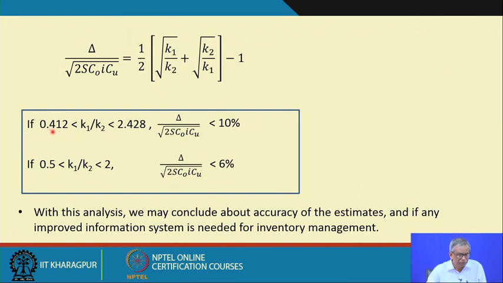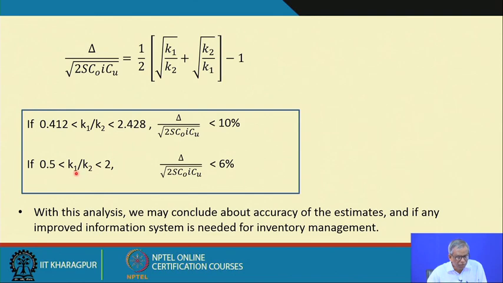If this ratio k1 by k2 is between 0.412 to 2.428, considered a wide margin, what do you find? That this proportion, delta divided by the optimal total variable cost, will always be less than 10%.